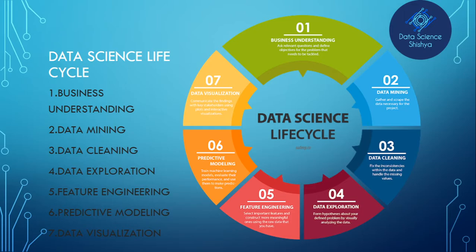Now after the data pre-processing has been done, the fourth step is data exploration. In data exploration, we understand the data. Understanding the business is one step, and understanding the data is another step. We'll be exploring the data using visualization techniques.